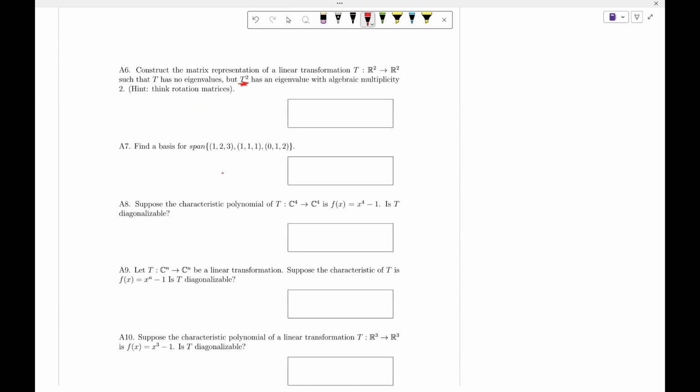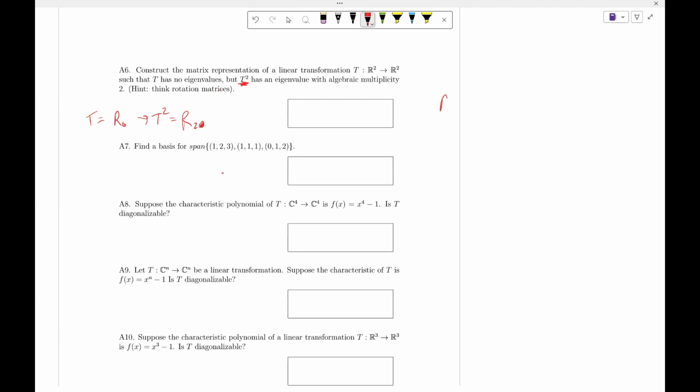And the one thing here with the hint, it says think rotation matrices. Well, if t equals r theta, then t squared equals r 2 theta.